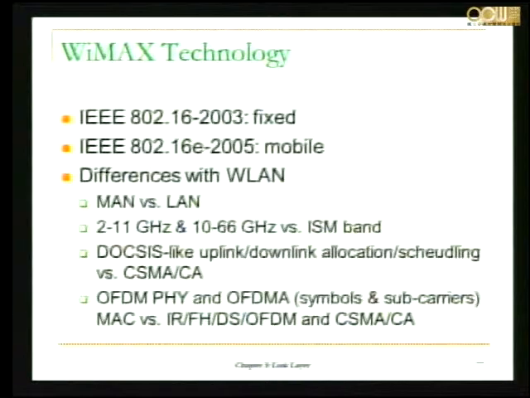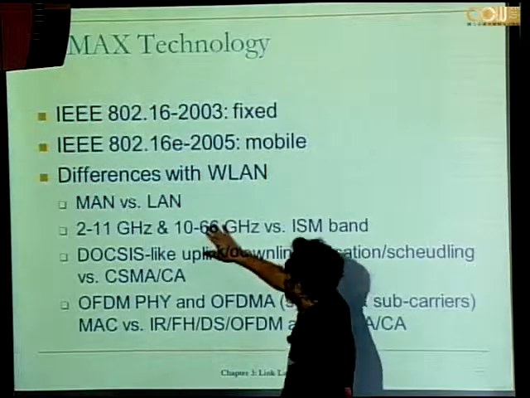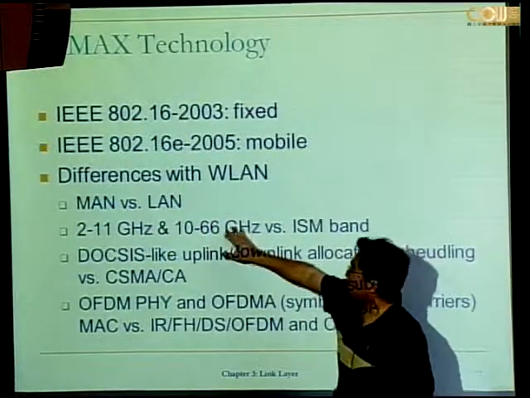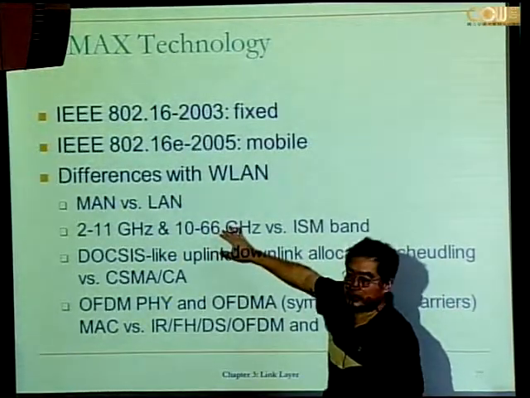The difference is the fixed WiMAX uses higher frequency, between 10 gigahertz and 66 gigahertz. So within this range, it's fixed. It's not mobile. It's wireless but fixed.